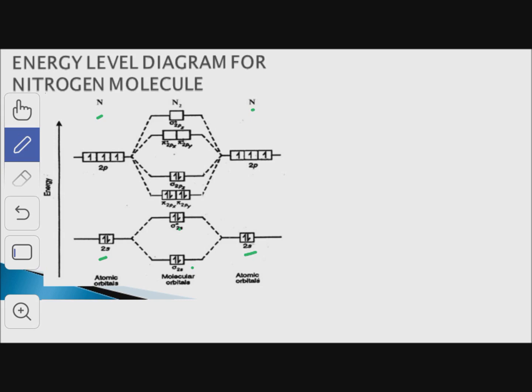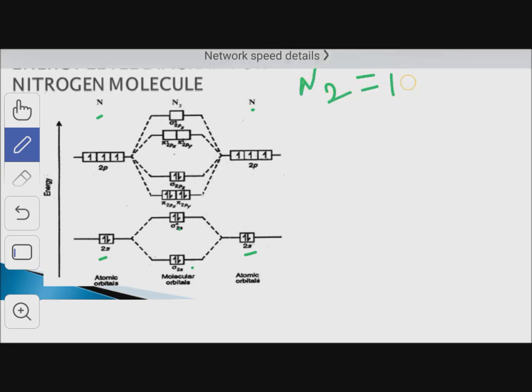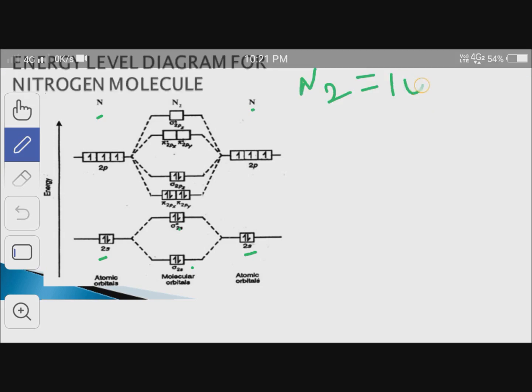Nitrogen molecules have 14 electrons in total, and we have to fill these 14 electrons in the energy level diagram, starting from the lowest energy level.